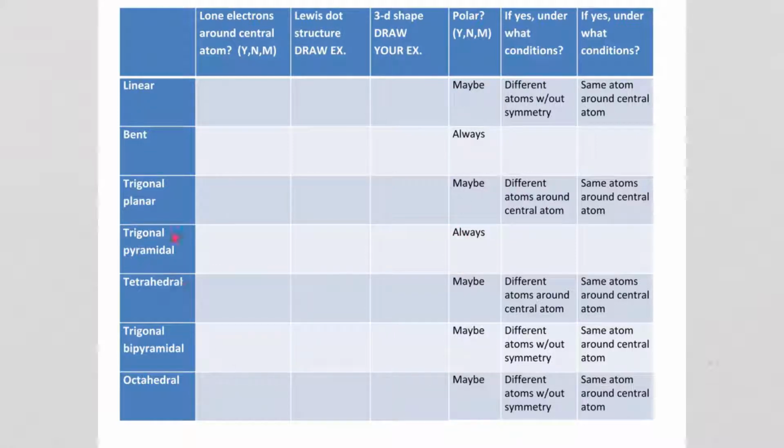Describe examples of if there are lone electrons around the central atom, the Lewis structure, that means the dots, and the 3D shape, like the structures you've seen so far, to get some practice with all of these. Either find ones online or in your book, but try to get some different experiences than what you have already found in your notes. Come in with your questions.